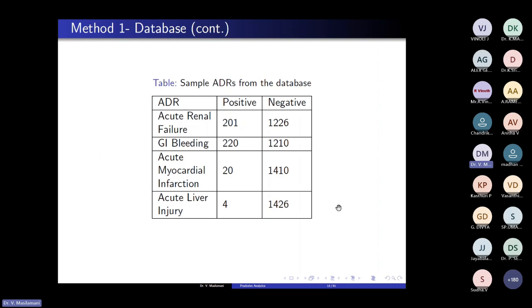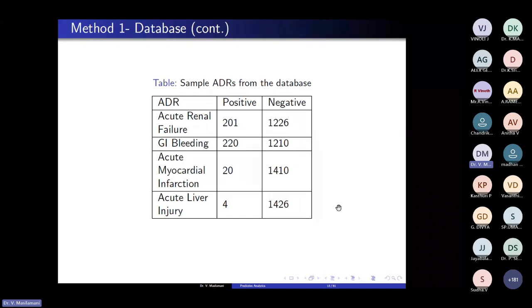Well, so this table shows the ADRs with positive and negative details. There is an ADR called acute renal failure. It's basically an ADR, adverse drug reaction. And among all the drugs that are reported in the database, 201 drugs have that particular ADR, acute renal failure, and 1,226 drugs are not reporting this particular ADR.